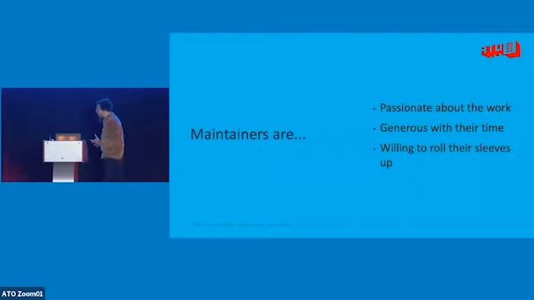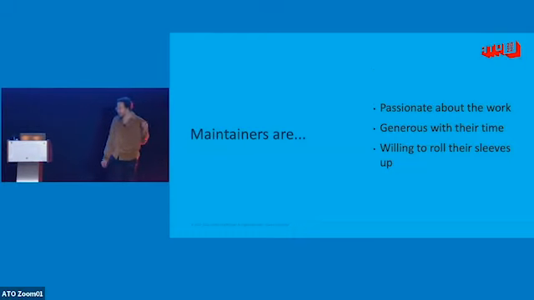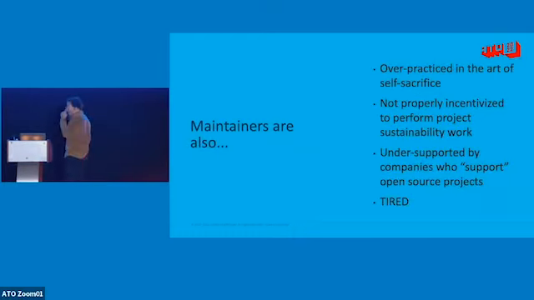So maintainers tend to be passionate about the work, really generous with their time, and just always willing to roll up the sleeves. However, maintainers are also over-practiced in the art of self-sacrifice. They're usually not incentivized to work on sustainability work that's important for open source communities, and they're under-supported by companies who support open source projects.